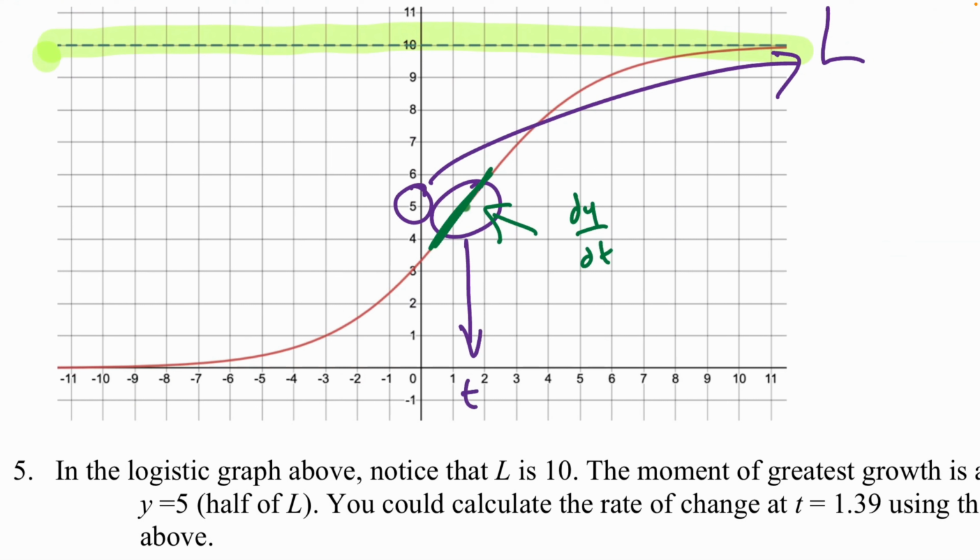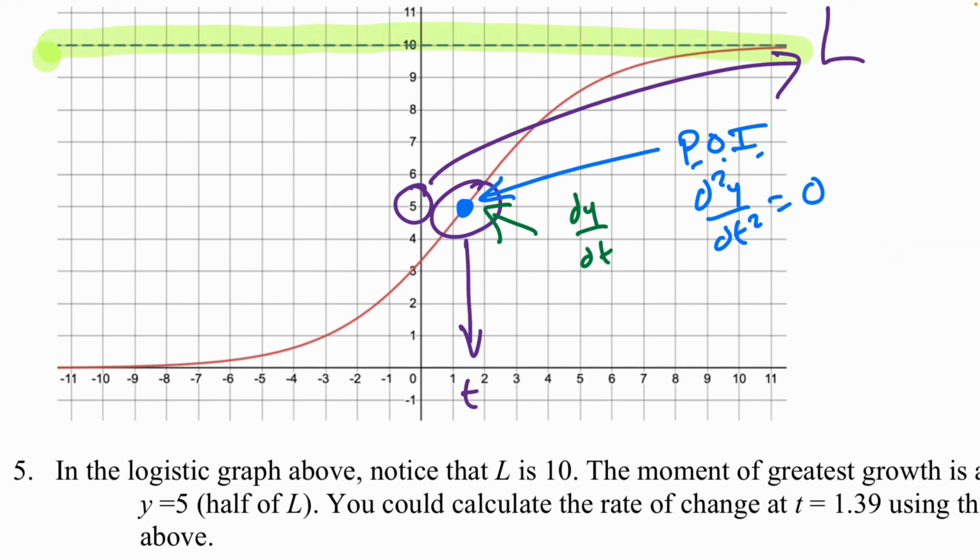I think it's also worth mentioning two more things on this graph. One is that this point, half the carrying capacity, is also a point of inflection. So that's a place where the second derivative is going to equal 0, thinking about the way first and second derivatives work with graphs.